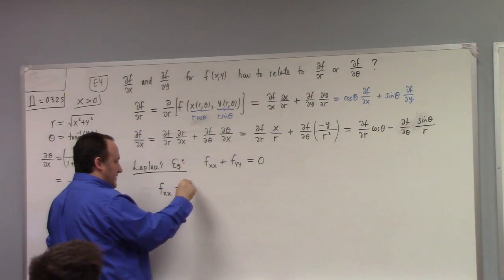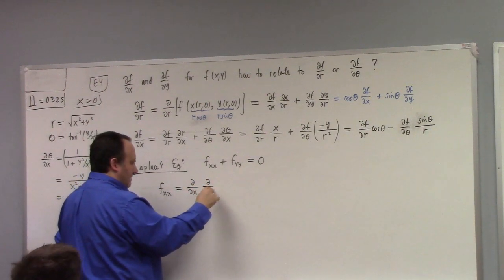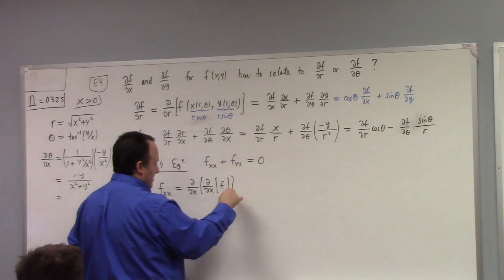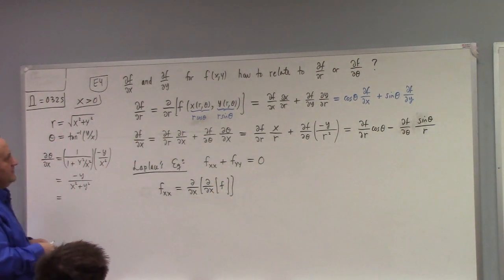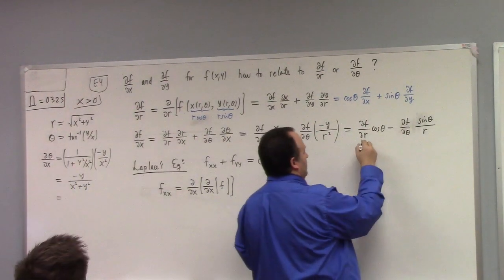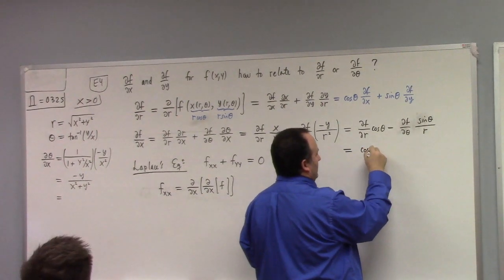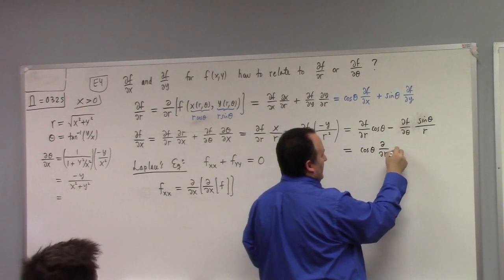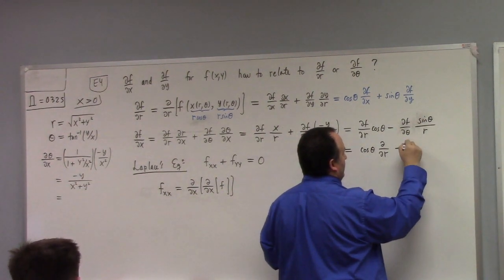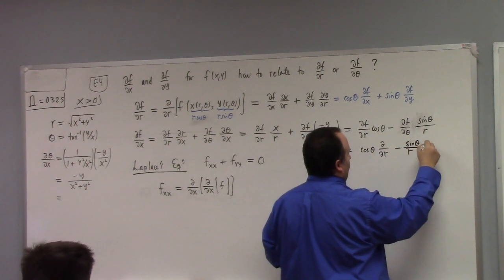Well, that's partial partial x of f, right? And so if you look at what I have here, there's another way to write this, which would be cosine theta partial r, minus sine theta over r partial theta.